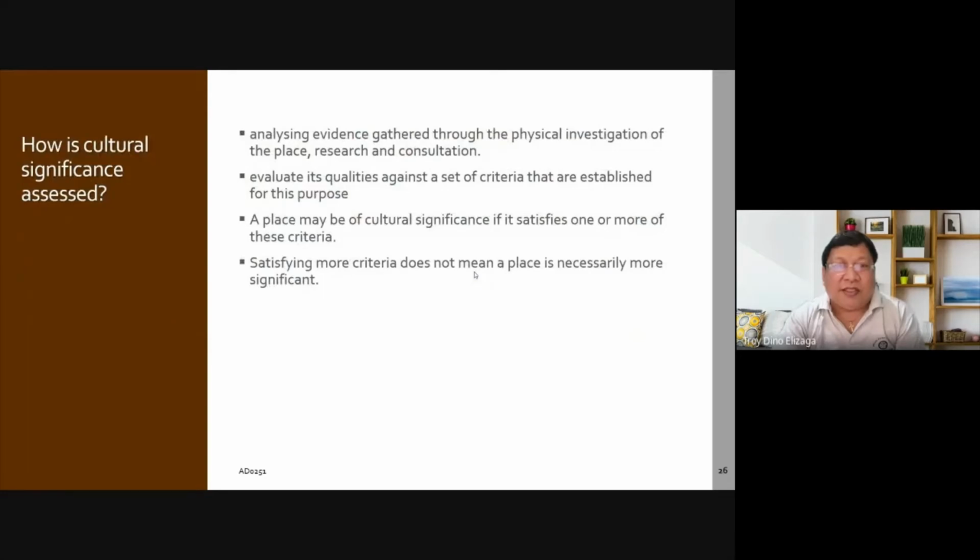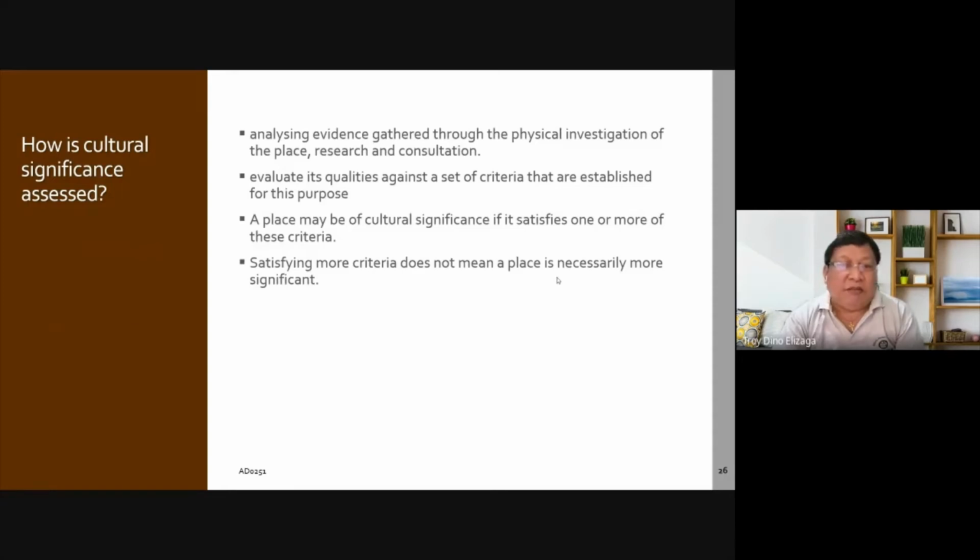So how is it assessed? The steps are first to analyze the evidence gathered through physical investigation of the place, research and consultation, and then to evaluate its qualities against a set of criteria that are established for this purpose.